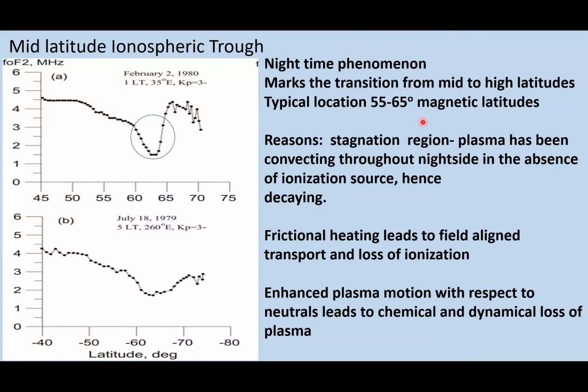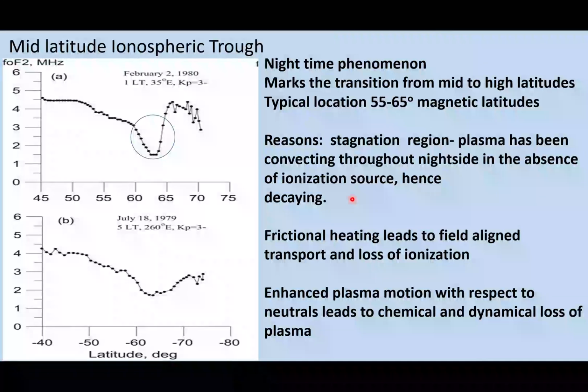The reasons given for this are: first, a stagnation region, that is, plasma has been convecting throughout the night side in the absence of an ionizing source, and hence it is decaying. It is getting convected away by transport processes, and there is no new ionization being produced.